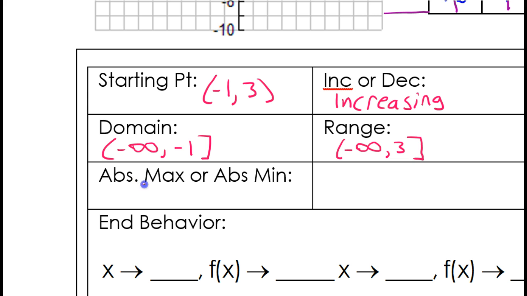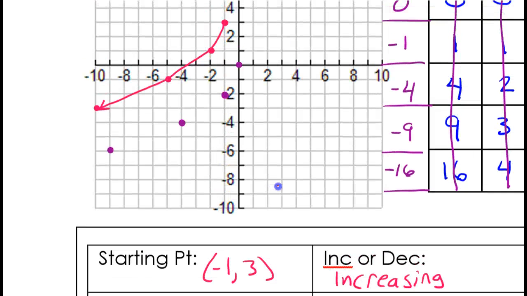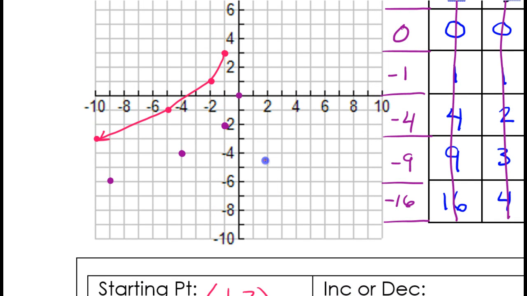Now, does this graph have an absolute max or an absolute min? Does this graph have a high point or a low point? This graph has a high point right here. There's no point higher than this. So this is the absolute max, and it is at 3.